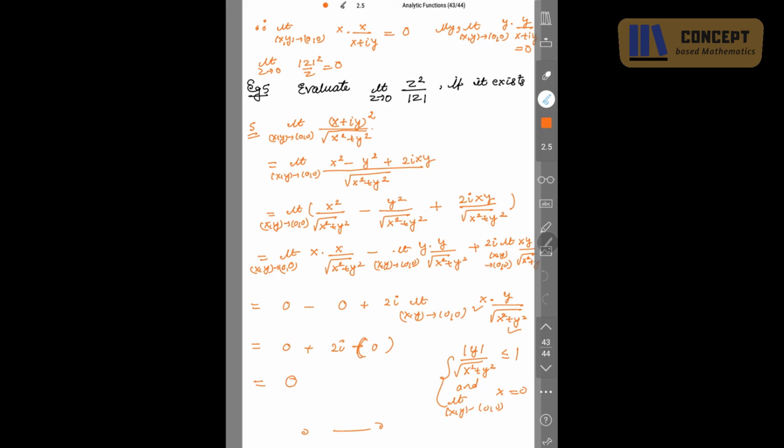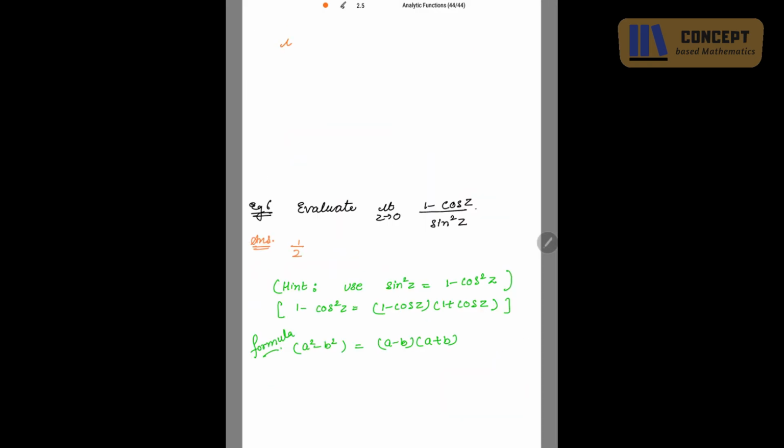Wait, I have to write the final result, that is, the limit as z tends to 0 of z square over mod z is equal to 0.